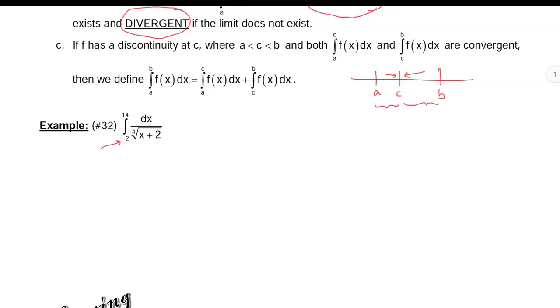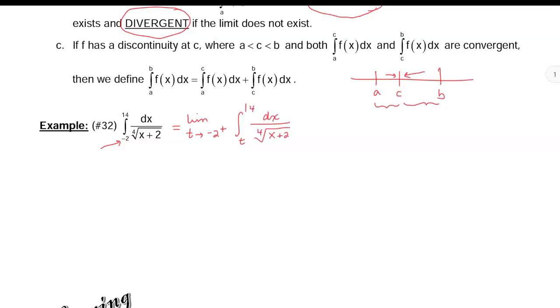So we're going to set up a one-sided limit. Let's use t because we were using it before, and we'll have t approach -2 from the right. So put a plus symbol there, meaning we're coming in from the right, and take the integral from t to 14.